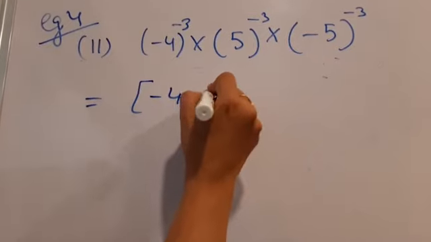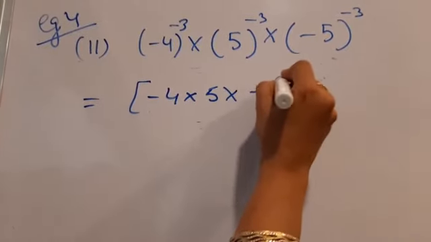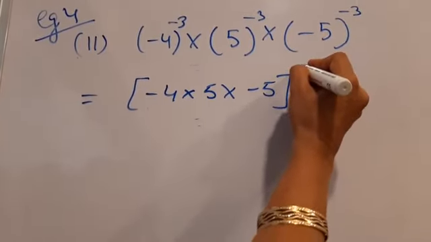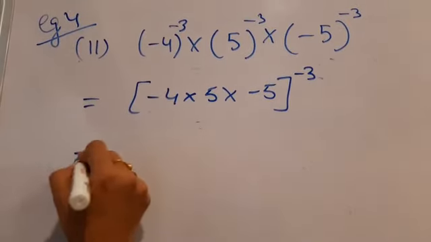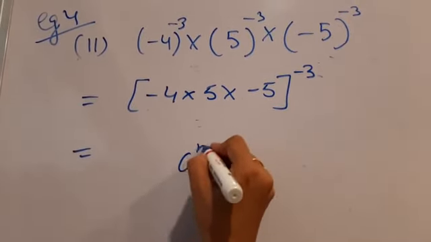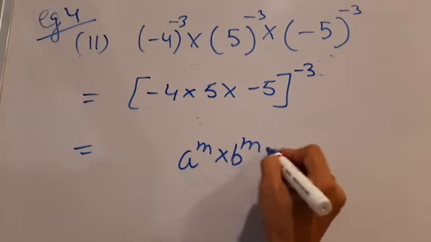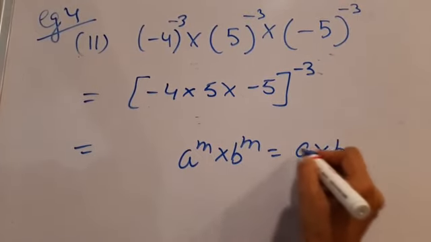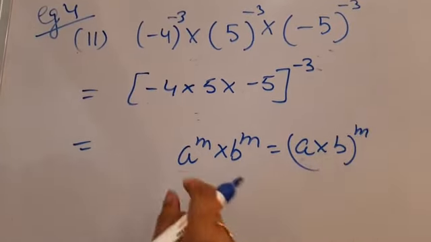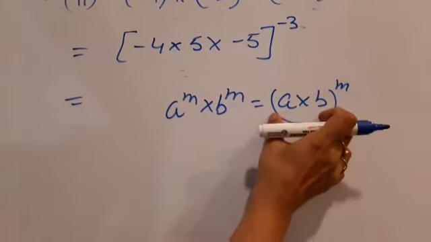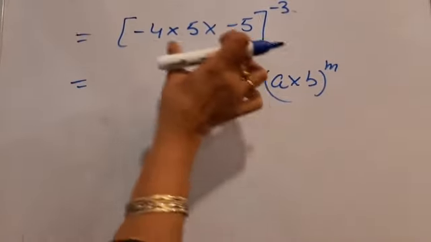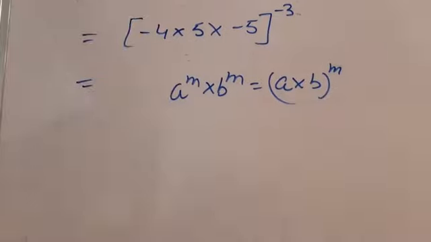multiply the bases and the power will remain same, because this was the rule that a raised to power m times b raised to power m is equal to a into b raised to power m, which means the power remains same and the bases will be multiplied. Same rule we are applying here.